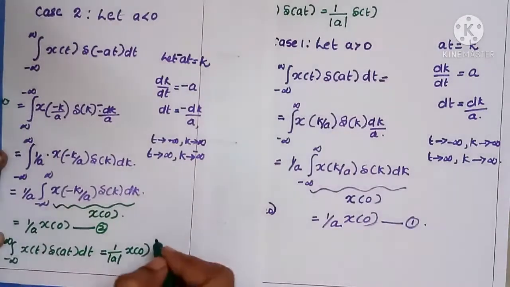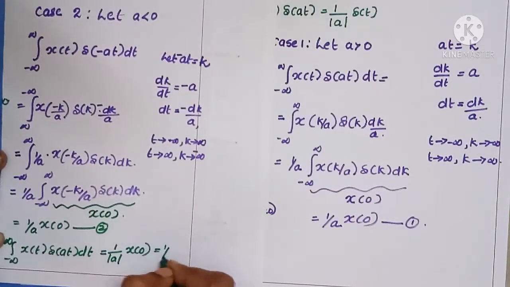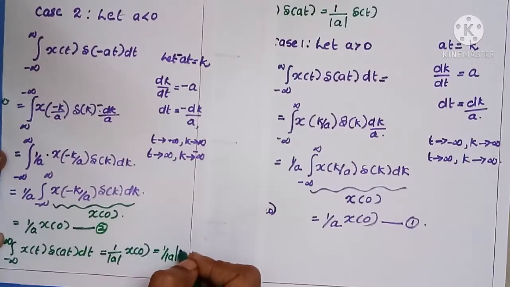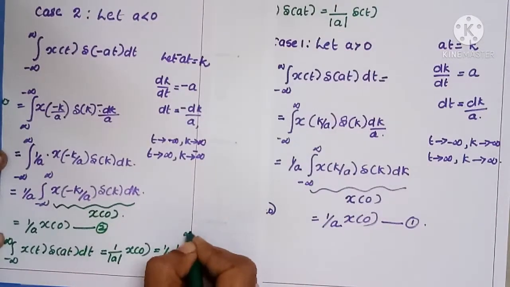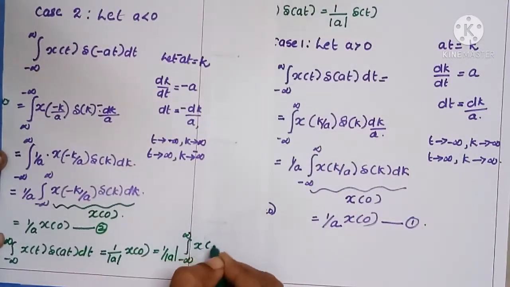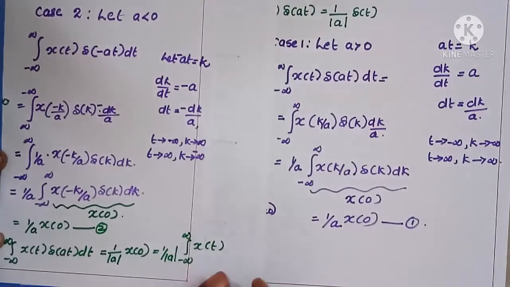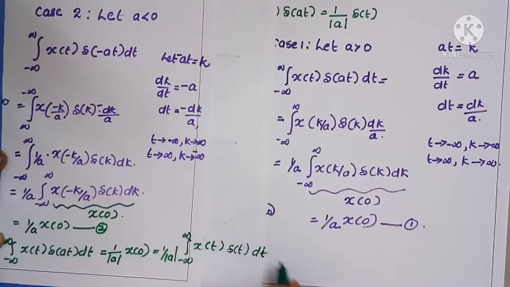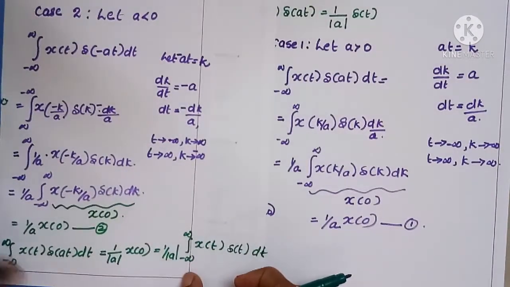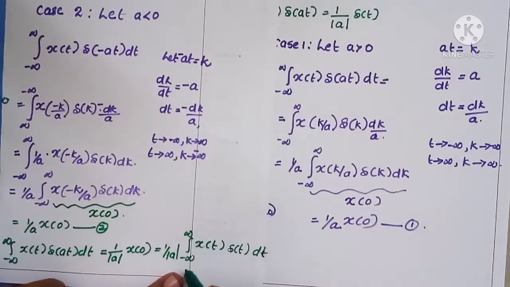Also this x of 0 can again be written by applying property number 1. That means the integral from minus infinity to infinity x of t del of t dt. So here we apply property number 1, x of 0. So it becomes 1 by mod a integral from minus infinity to infinity x of t into del of t into dt.